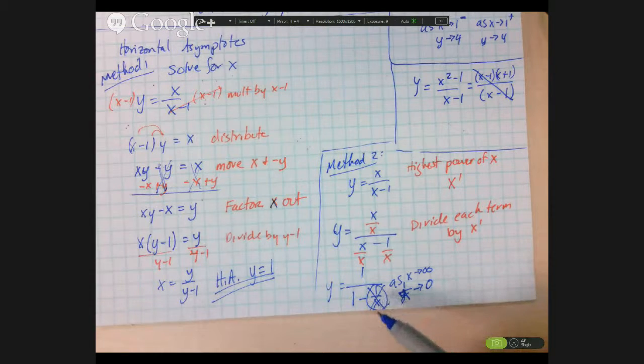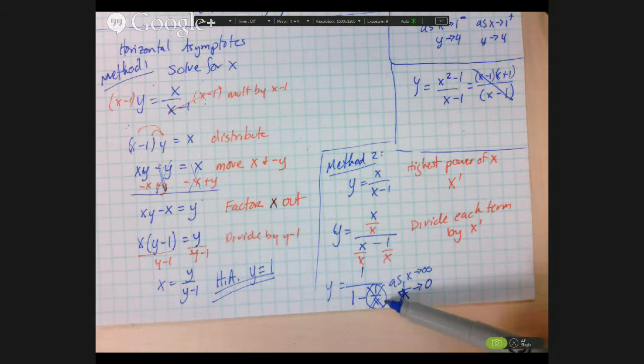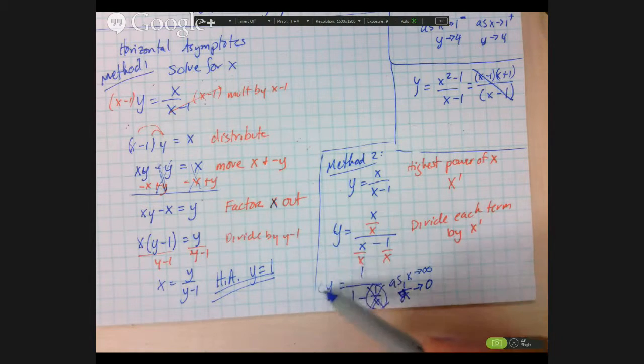What you've done, basically you're analyzing the end behavior of this graph on a horizontal axis. Okay, you're going left and right. As x approaches infinity, that right there goes to 0. So what you're left with is y equals what?